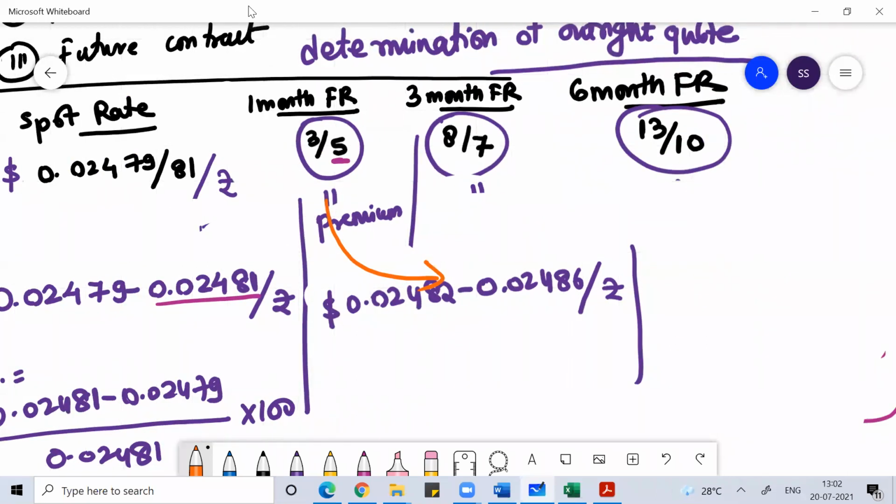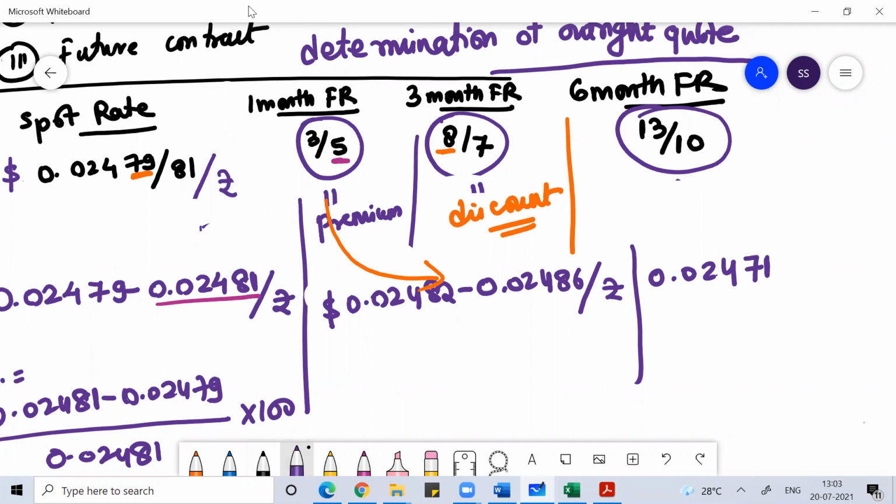If you ask me the 3-month forward rate, 8 by 7 means this will be a discount. So how will you find the value? It is 79 minus 8, which means 71, 0.02471.